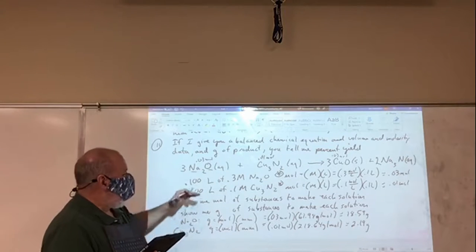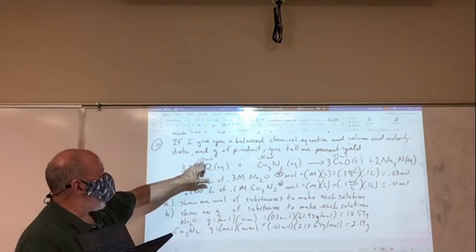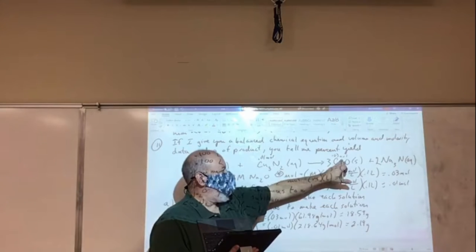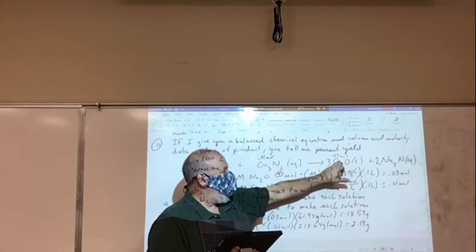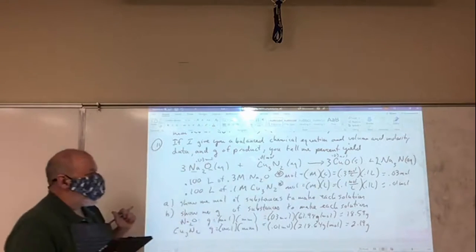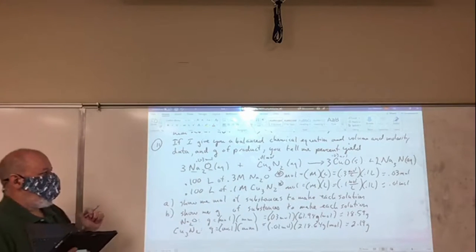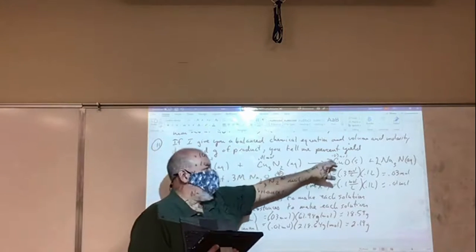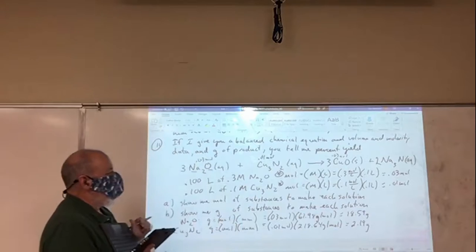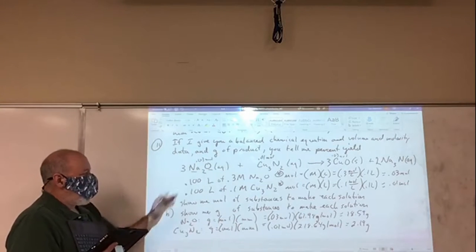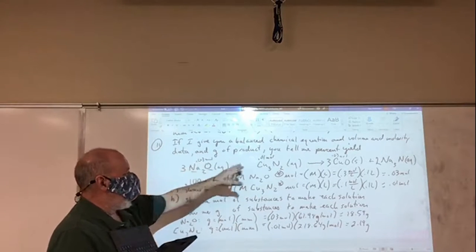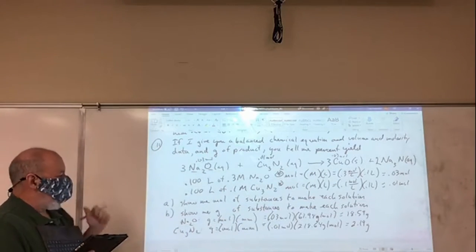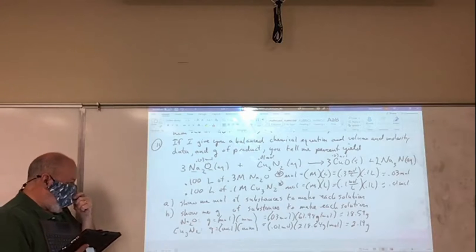And if I use 0.03 moles of that and 0.01 moles of that, I should get 0.03 moles of this, because that's what my chemical equation tells me I should get. That's why we write out a balanced chemical equation, so we can predict what we're supposed to get. But it's just a ratio. You don't need to show me that, though. I'm not asking you to show me that.